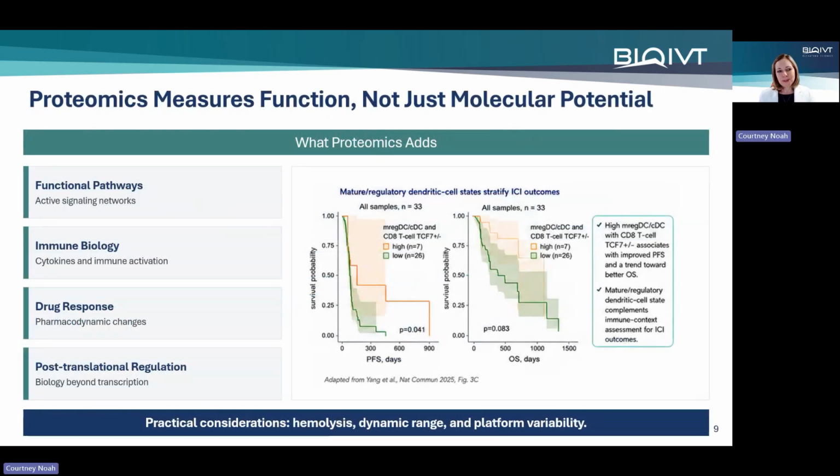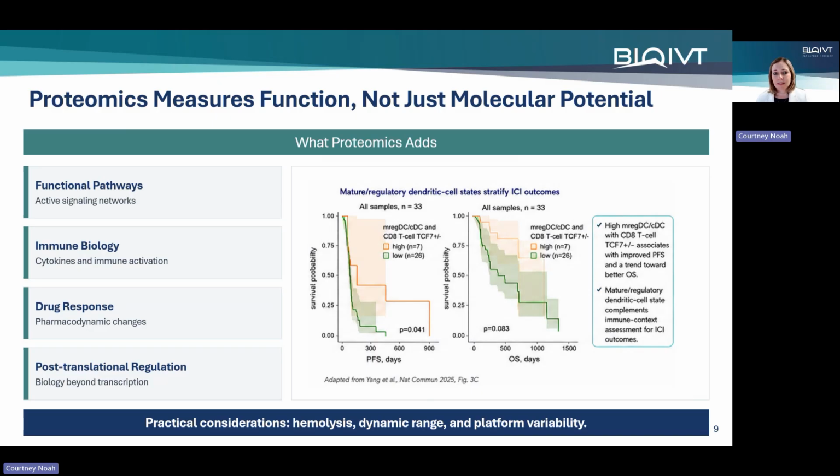Moving through that progression of information that we're getting, if RNA is revealing that biological process, then as we look at proteins, they're really providing that closest approximation of biological function. And this is critically important as we think about therapeutically relevant changes that occur downstream of transcription.